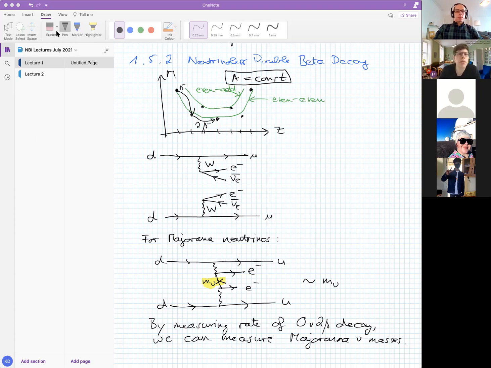So the question is why odd double beta decay is not possible. Odd in principle should also be possible. The reason I haven't shown odd nuclei here is that for them the energetics is a bit more complicated, because there we have an unpaired proton and an unpaired neutron. And usually I think protons only pair up with protons and neutrons only pair up with neutrons.